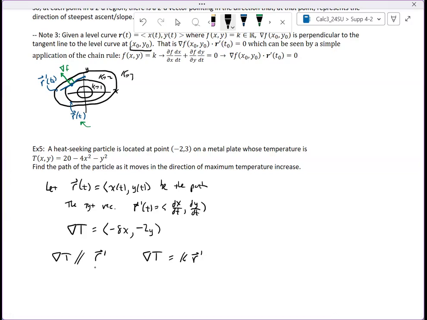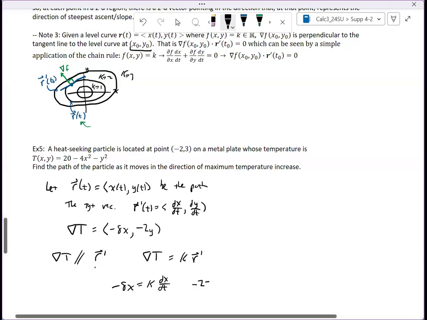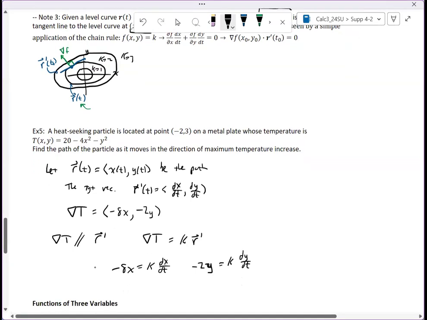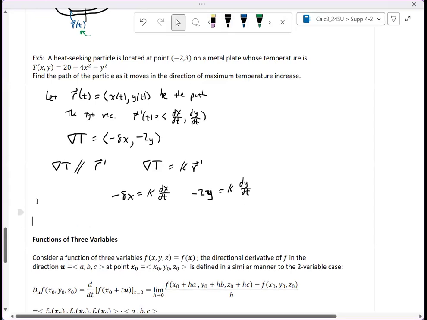Well, this gives me two equations. I have negative 8x equals k dx/dt, and negative 2y equals k dy/dt.